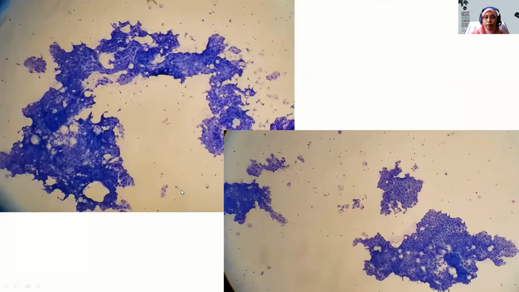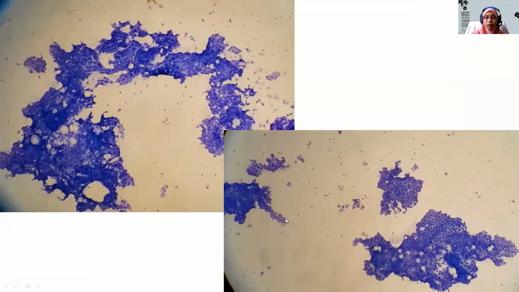On higher magnification, if you can see the clusters, they are cohesive, very organized. However, if you can appreciate, it shows apocrine features. I'll show you in a high power view. At the same time, you might appreciate the papillary structures here and there.